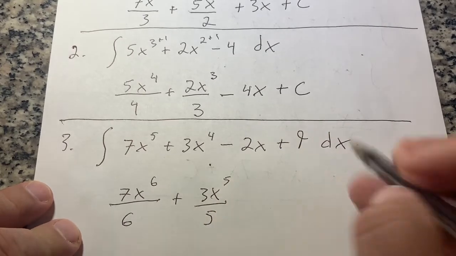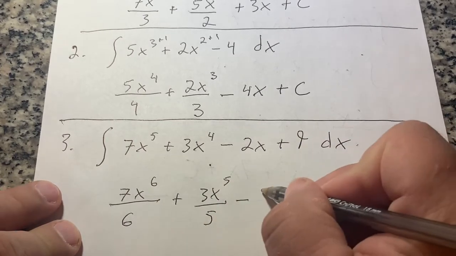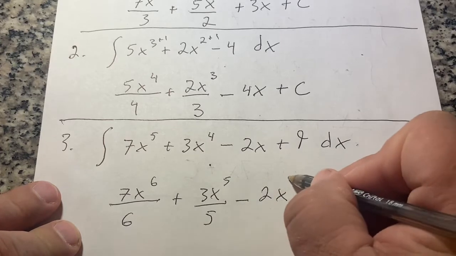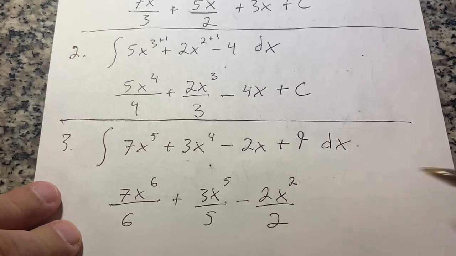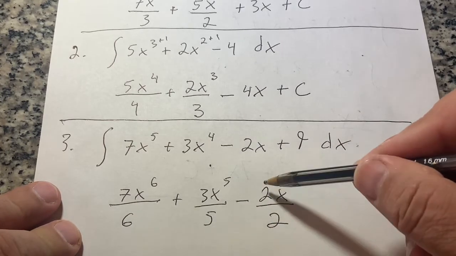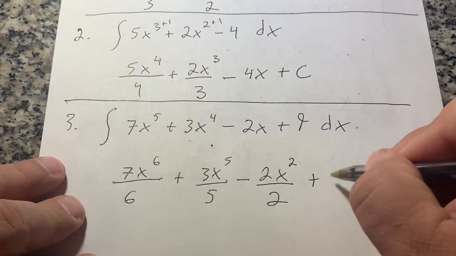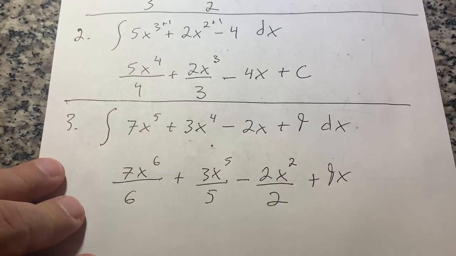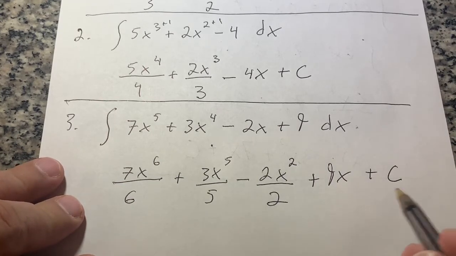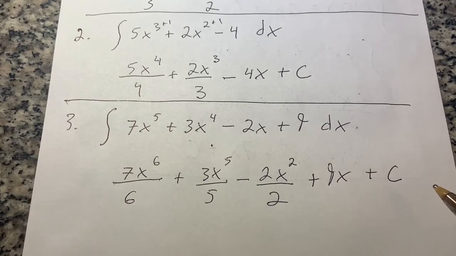Divide by that exponent. Minus 2x to the 2nd divided by 2. These 2's will simplify. That will just simplify to x squared. Plus 9x plus c. When you do these, there should always be a c at the end of it.